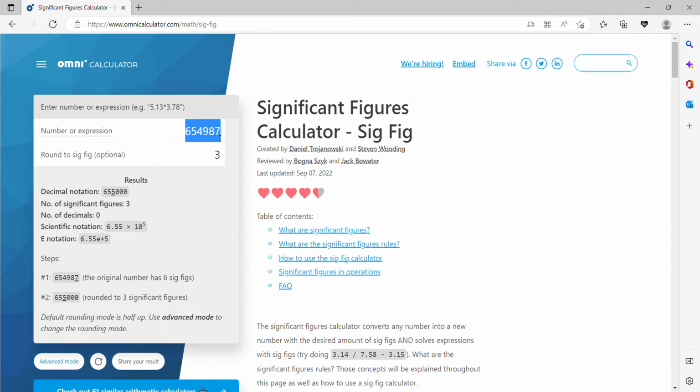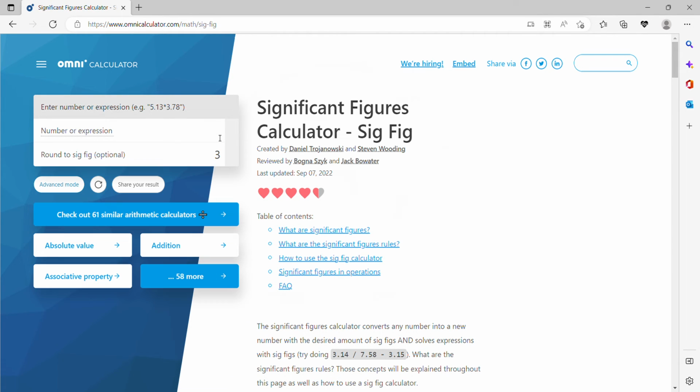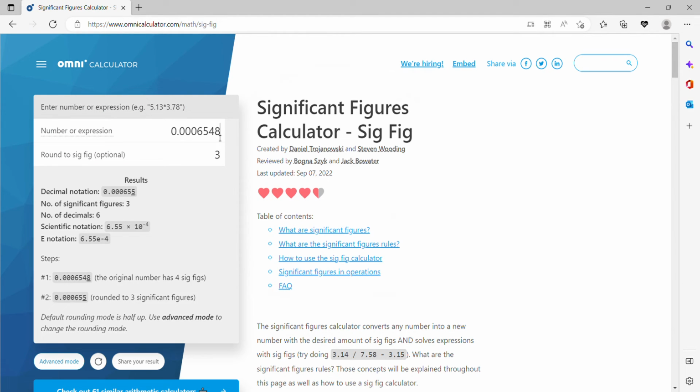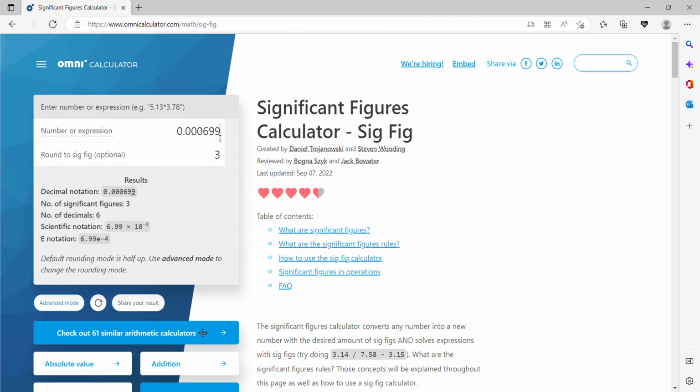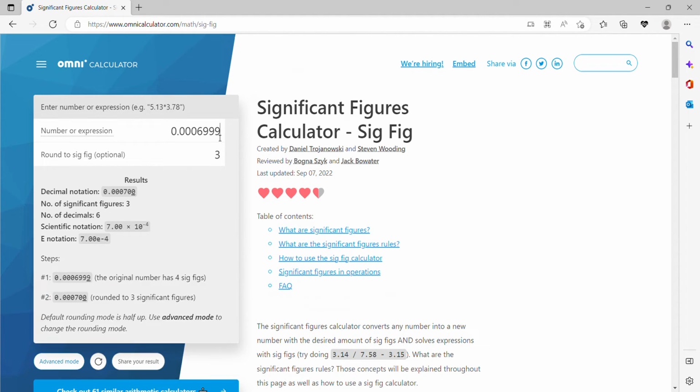So I think you guys can play around with this and figure it out for yourself. It's just rounding, okay? And look, there could be a 0 there, like if I do this. See this 700?